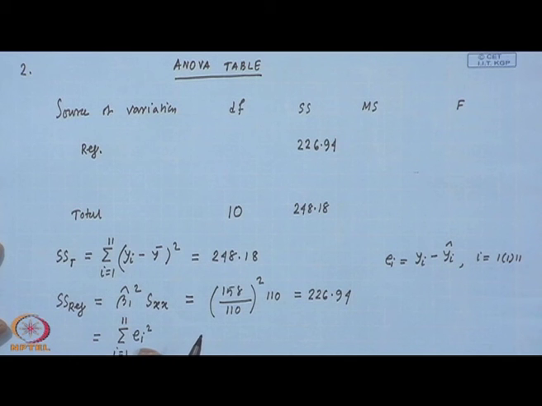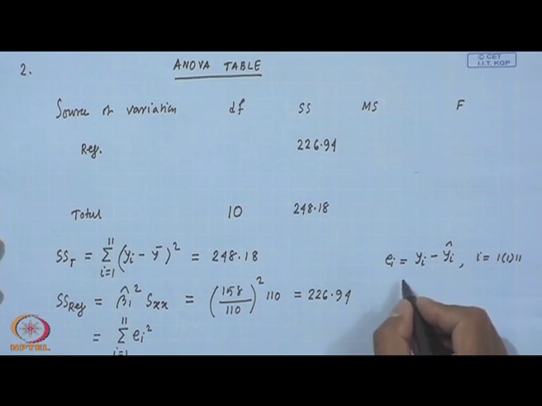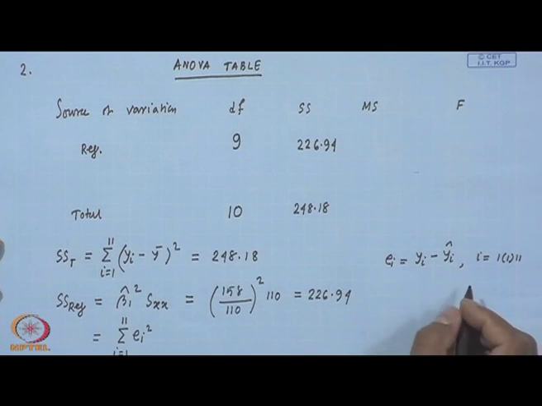So, you can choose 9 residuals. I mean, you have the freedom of choosing 9 residuals, and the remaining 2 have to be chosen in such a way that those 2 restrictions are satisfied. Okay.